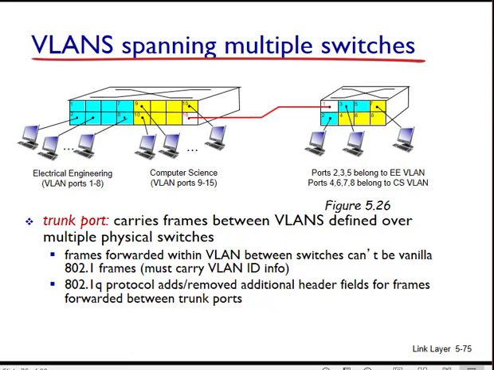Now, in this discussion, we've only touched on VLANs and have focused on port-based VLANs. We should also mention that VLANs can be defined in other ways. In MAC-based VLANs, the network manager specifies a set of MAC addresses that belong to each VLAN.